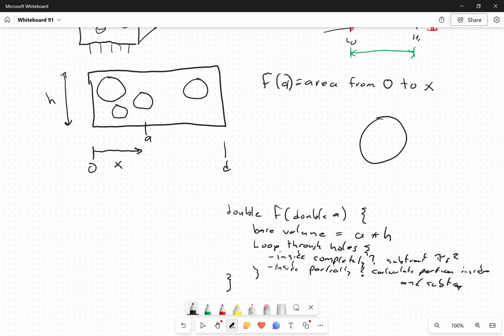So if I had some circle and I was slicing because I just want to know how much of the circle is in that region there, we'll notice if I know the center here, I can calculate that, and I can calculate this area here just based on radians. It's pi radians times the radius, and then I could calculate the area of this triangle right here because I know what this distance is.